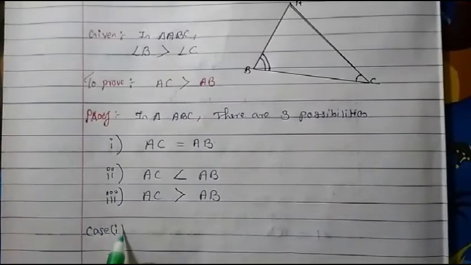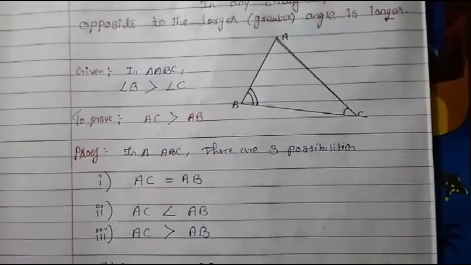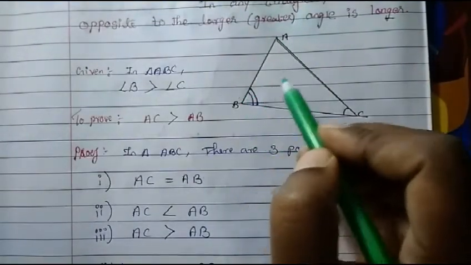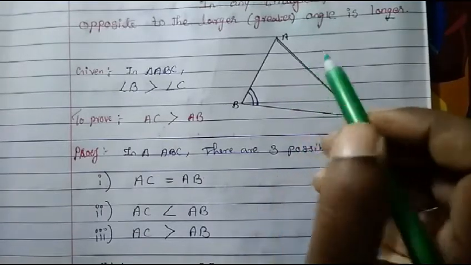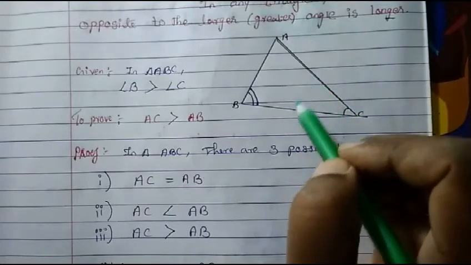In case 1, AC is equal to AB. If we consider that AC is equal to AB, then we have studied in a theorem that the angles opposite to equal sides will be equal.